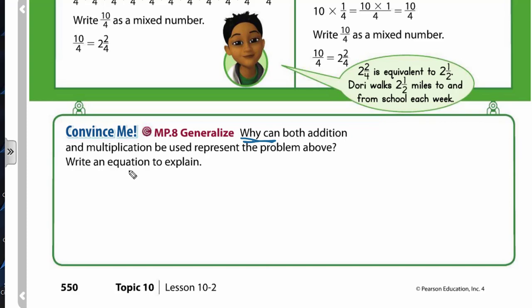Yes, since every day is 1/4 to school and 1/4 from school.